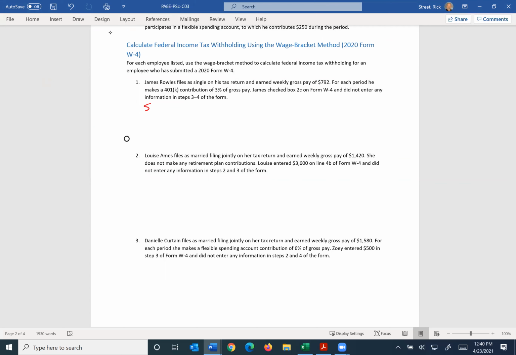So he's paid weekly. So we got 52 periods. Gross pay is $792. For each period, he makes a 401(k) contribution of 3%. So we want to subtract out 3%. So we might multiply that by 0.97. That's how much is going to be taxable: 768.24. Let's read a little further.